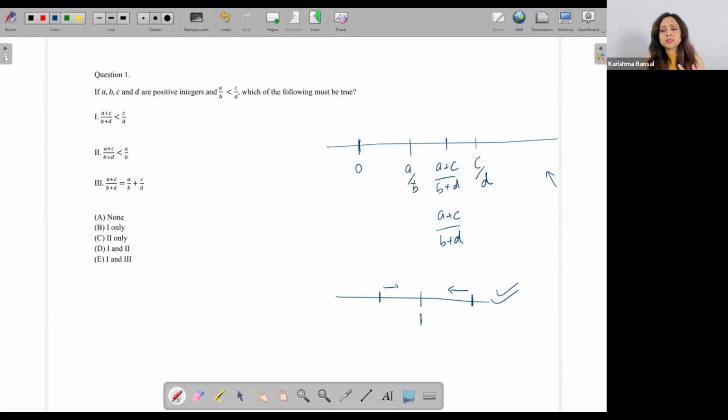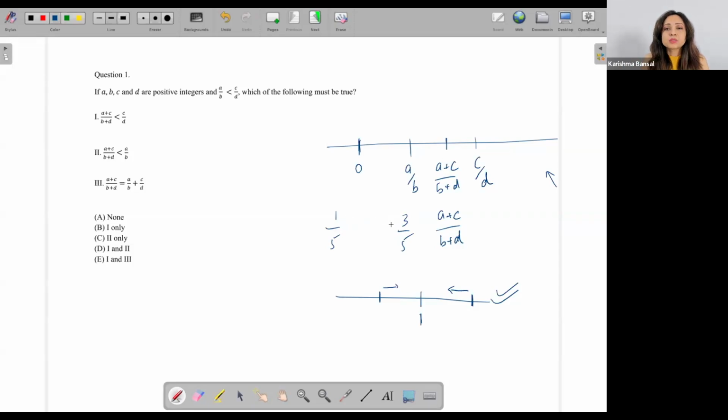Look, think about it. If I think about it theoretically, why is it so? Let's say I have two numbers. A by b is less than c by d. So let's say this is 1 by 5, my a by b, and this is, let's say, 3 by 5. Now think about averaging. If I'm averaging the numerator, what do I get over here?